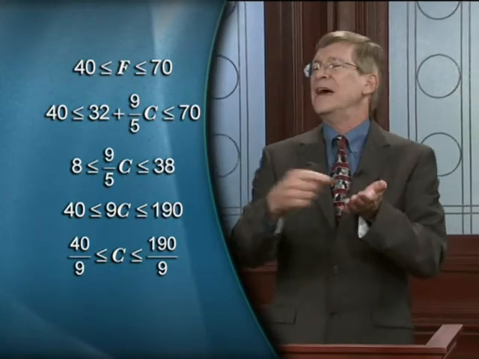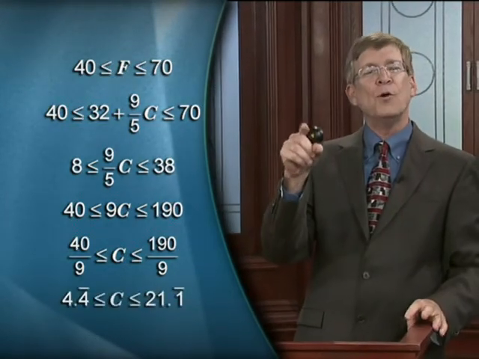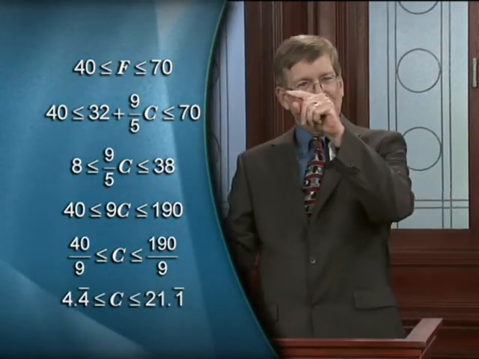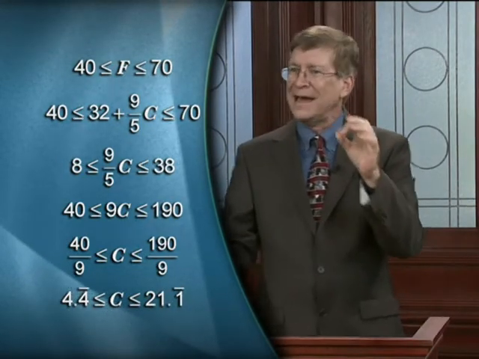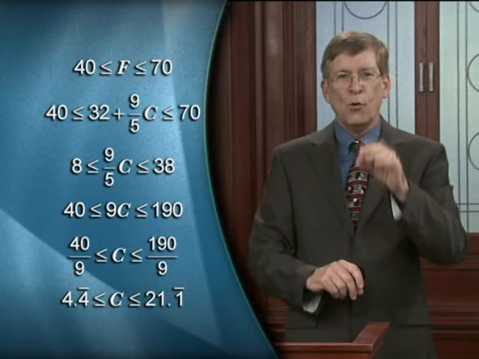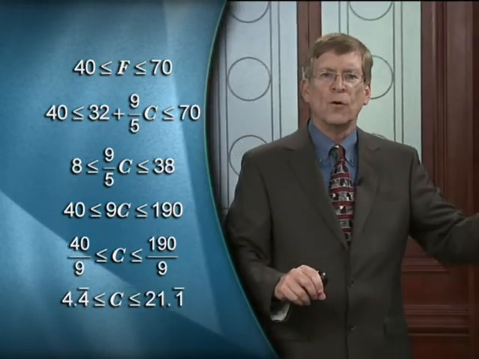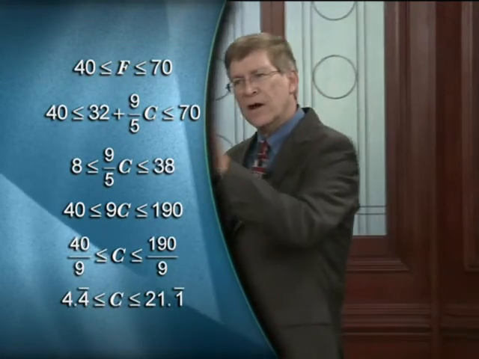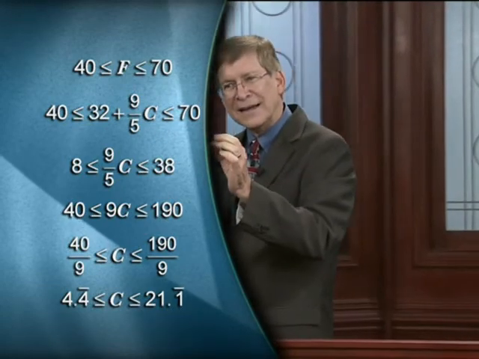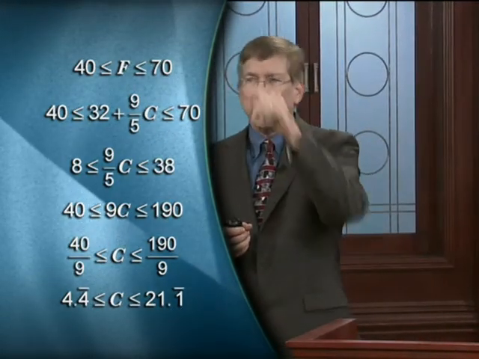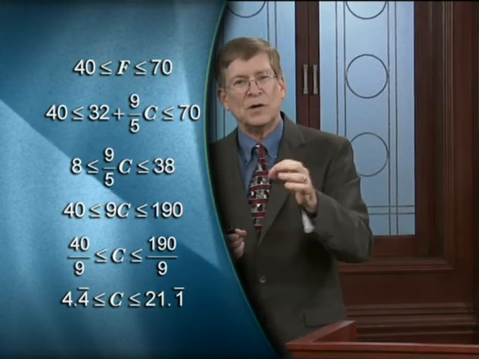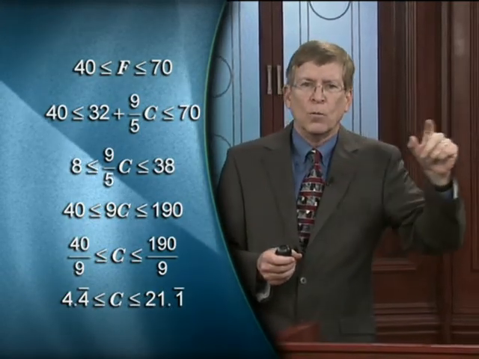If you punch that in on a calculator, you get 4.4, and I'm going to put a little horizontal line above the 4. That means the answer is really 4.444444 forever. And on the other side, 190 over 9, if I put it in my calculator, I get 21.1 with a bar over the 1, which means 21.11111 forever.